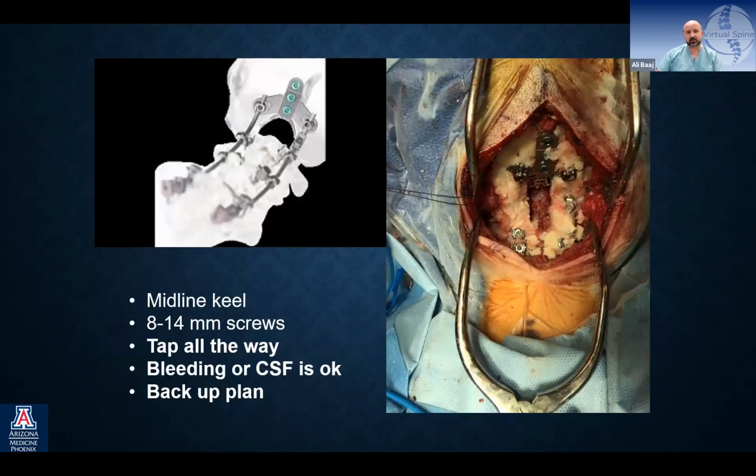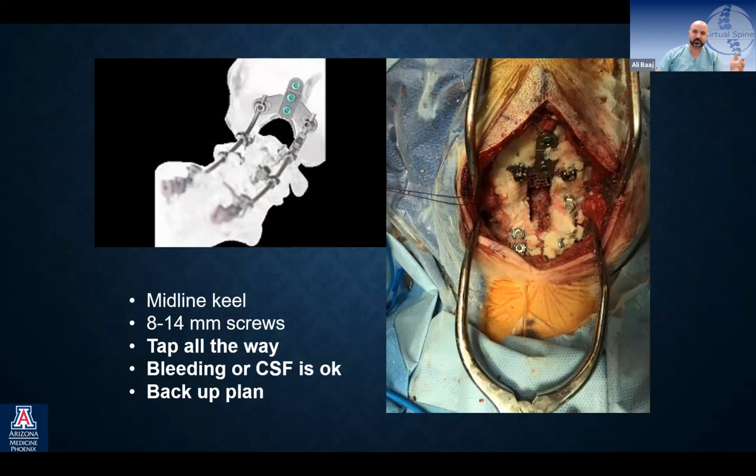My strategy for occipital fixation, my go-to, plan A, B, and C, is to get a nice midline plate. For me, that's worked very nicely in the past. It doesn't matter which system you use. I mean, a lot of systems are excellent. I'm not promoting any one over the other, but achieving 2 or 3 points of fixation in the midline is really good. Most of the time, the screws that I put in are between 8 and 14 millimeters.